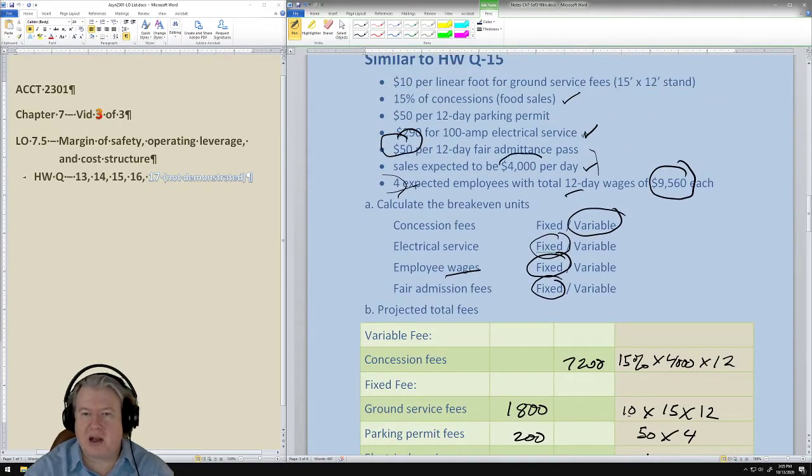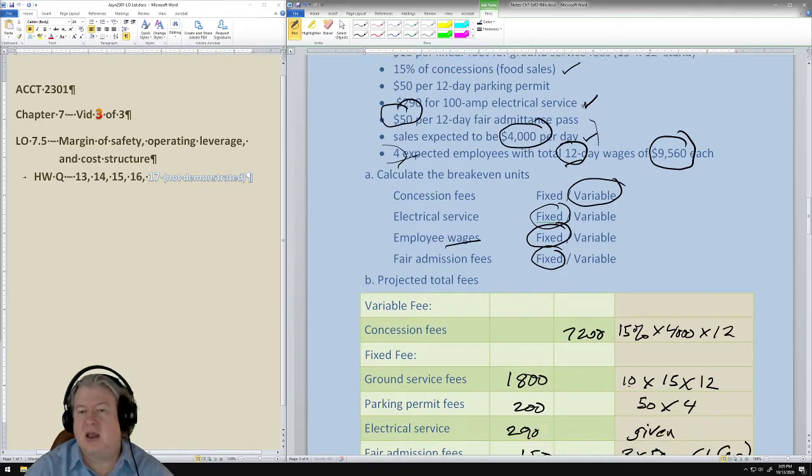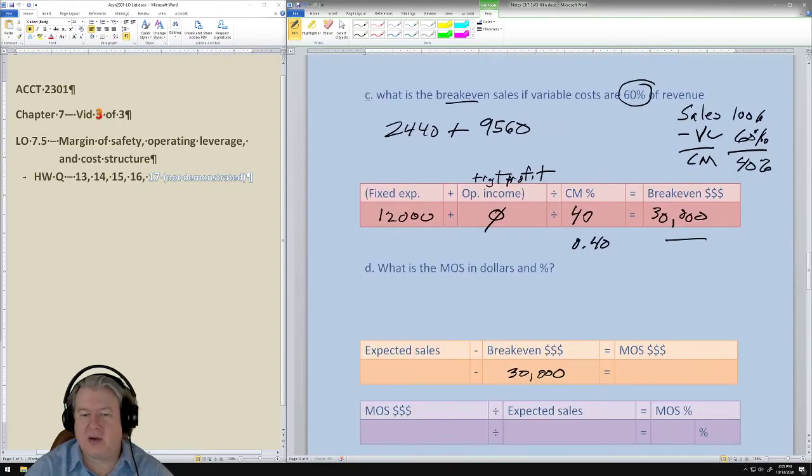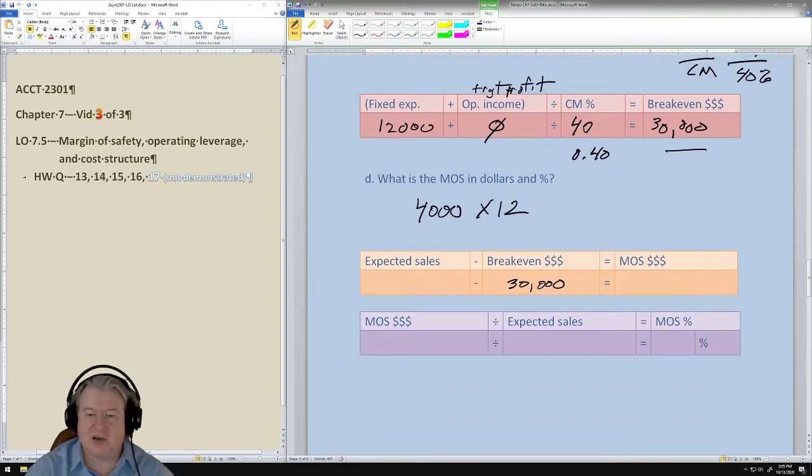We said we were planning on selling 4,000 a day for 12 days. So that was 4,000 a day times 12 days. That's our expected sales then, 48,000. So we can see our buffer, at least in dollars, is going to be $18,000.